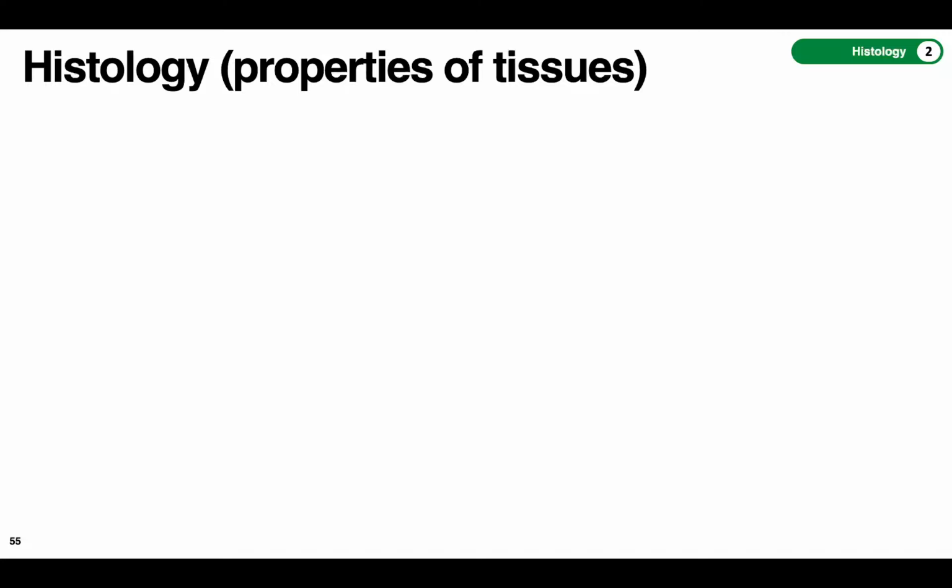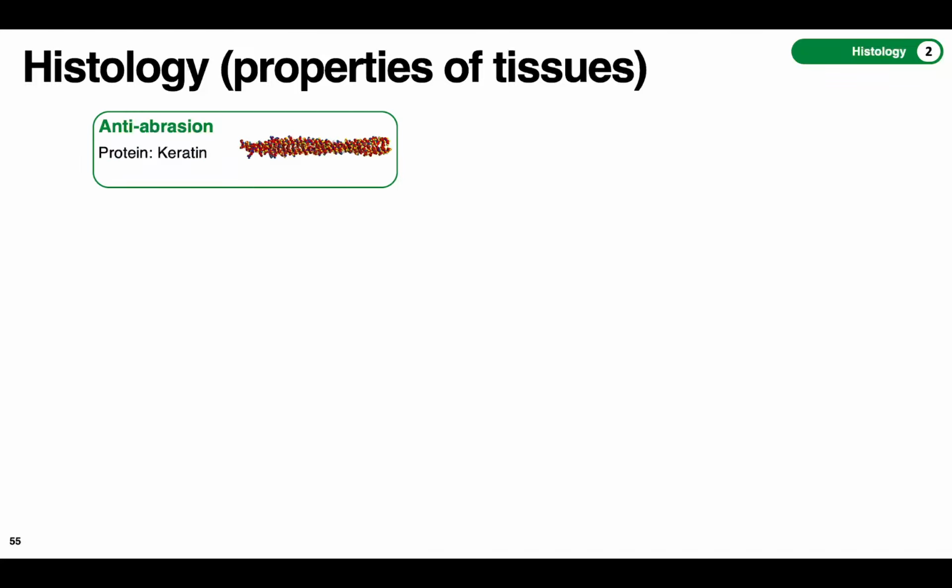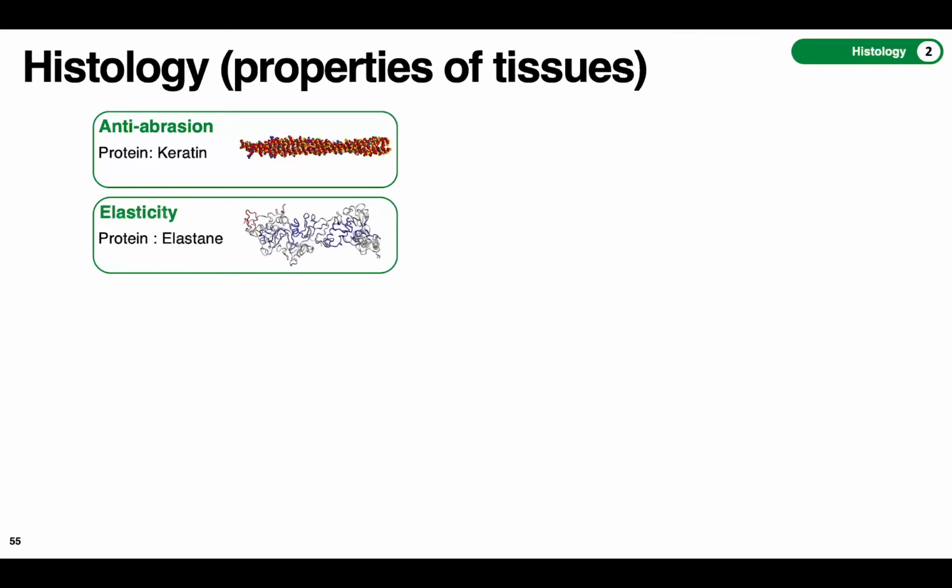And so, depending on the physical needs of a tissue, cells will produce specific proteins to enable, for example, abrasion resistance, such as keratin for skin and nails, and you can see how the structure of keratin is solid, or secrete proteins that will go into the environment and provide elasticity, like elastin for skin and tendons, and you can see the structure of elastin is very different from that of keratin, and you can see that it's able to stretch.